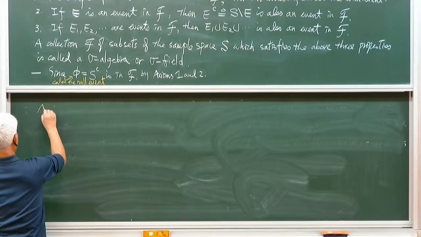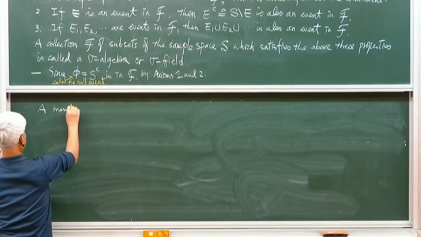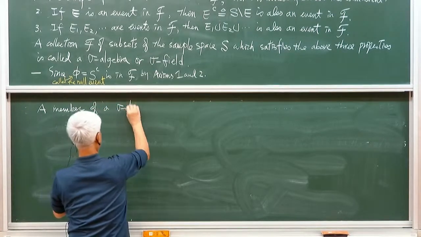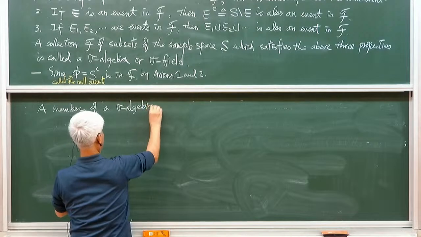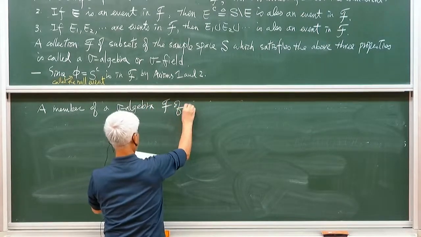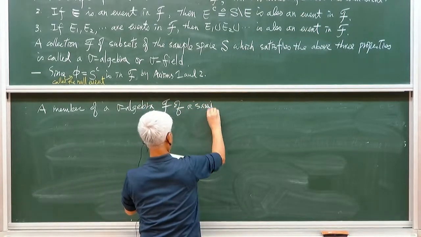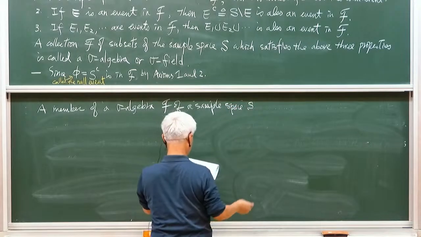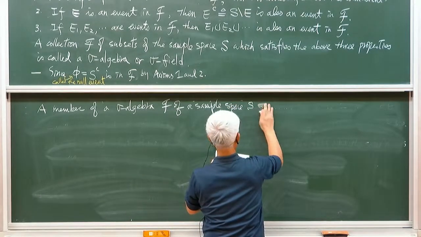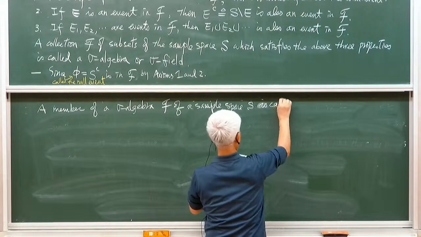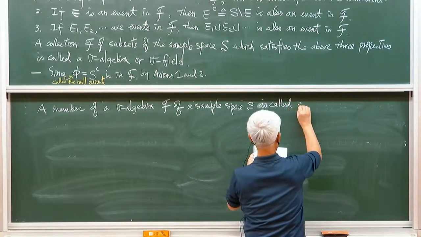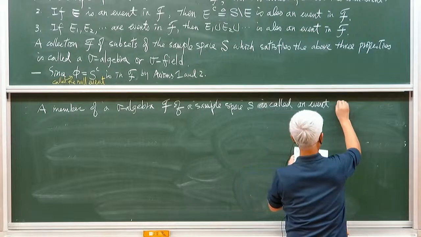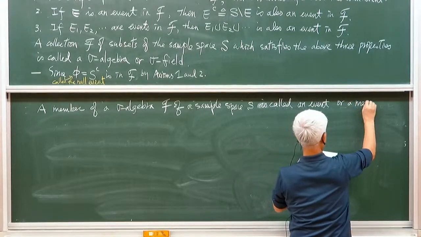Okay, and a member of a sigma algebra of a sample space X is called an event or a measurable set.